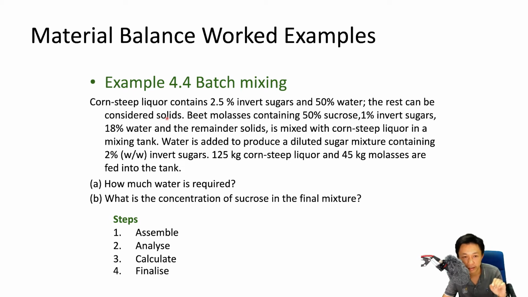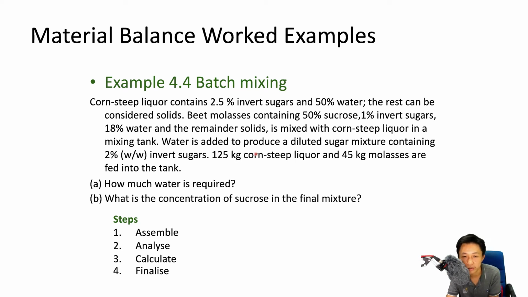So you need to transfer this text into a diagram. And the beet molasses contains 50% sucrose and invert sugar. Again, your remaining is solid. It's mixed with corn steep liquor in a mixing tank. So you need to have an idea of this.